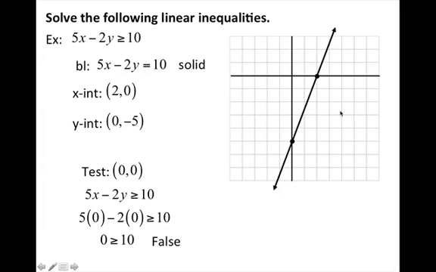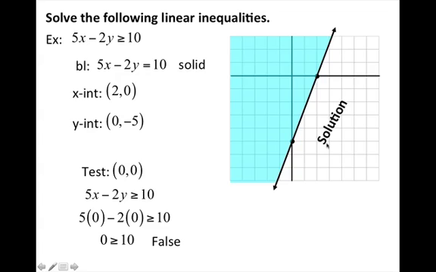As I mentioned before, most books will shade the part that is your solution. In this class, I prefer to mark out or shade the side that's not our solution. So my shaded area is sort of marking it out. That's not our solution. So everything left unshaded is our solution. So I'm just going to write the word solution there.